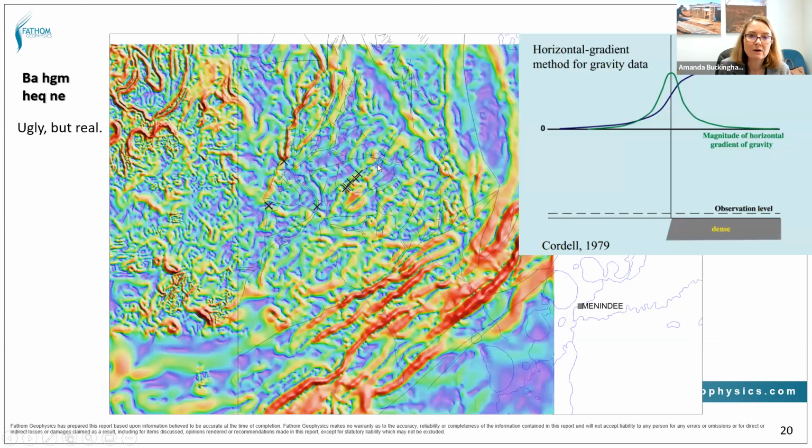So if we go back to the horizontal gradient, this is an ugly image, but it's also a very powerful image. It allows you to map out all the structures. It also allows you to see where there's discrepancy between either a previous interpretation or the existing statewide government interpretation of an area.